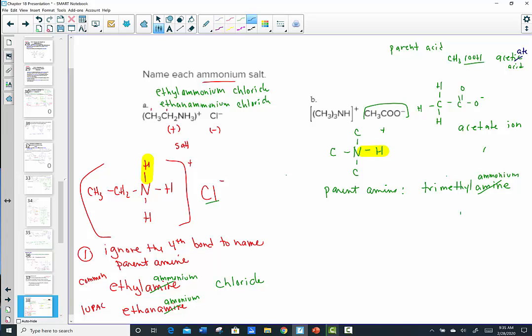Acetic acid becomes acetate polyatomic ion, and that's exactly what we have here. So the name of letter B, putting it all together, trimethyl ammonium acetate.